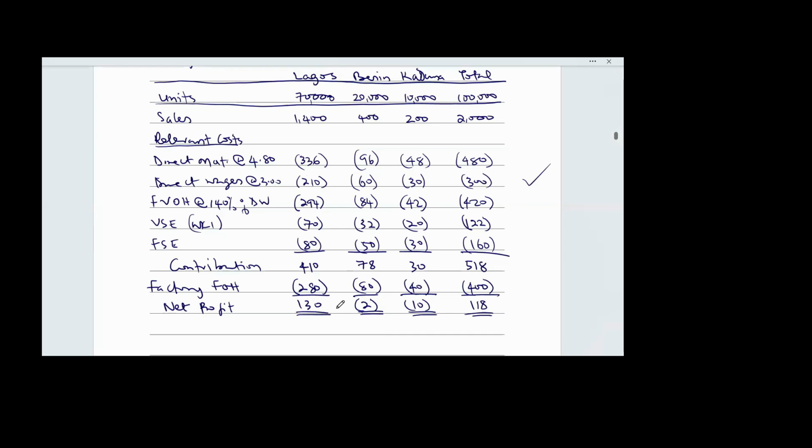In number B, the examiner is asking you to redraft the statement prepared above using the contribution margin approach. So in this case, it means that for each of the depots, you are going to stop at the contribution margin.